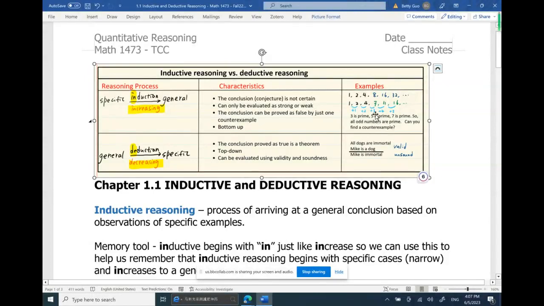That's how we know the fourth element should be 7. And 7 plus 4 gives us 11. 11 plus 5 gives us 16, and so on. That's also a pattern. So as you can see, the conclusion from an induction is not certain. That's a good example to explain the characteristic of inductive reasoning.